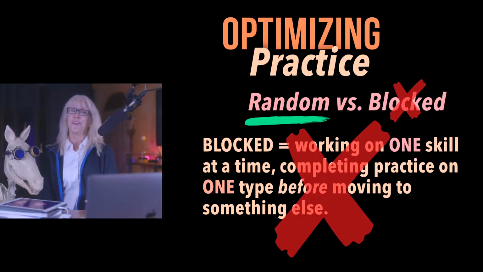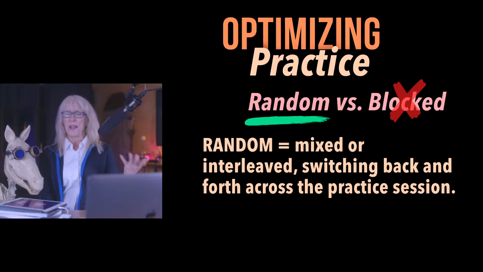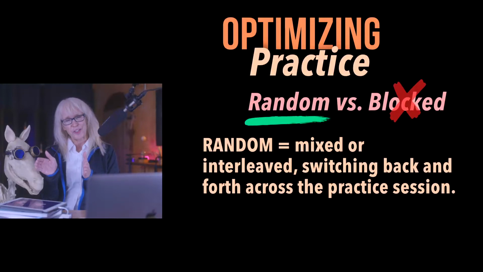We actually want random, although random isn't really just random. In fact, it's usually well designed when you try to use this principle. It's more like interleaved, where you're switching back and forth, you're pulling in a whole bunch of different things, and then alternating instead of just focus on this one and then focus on this one and then focus on this one.